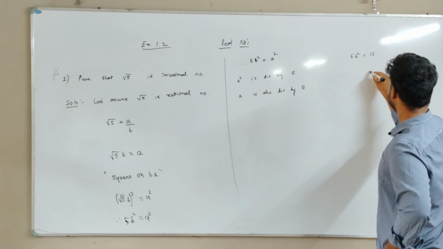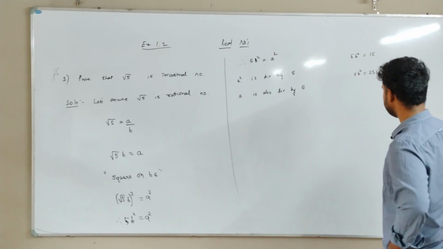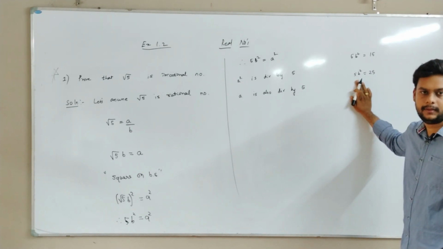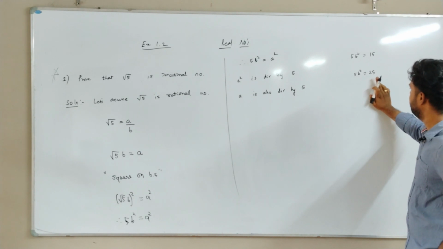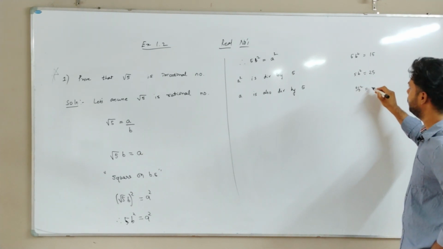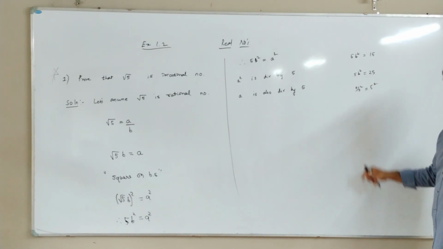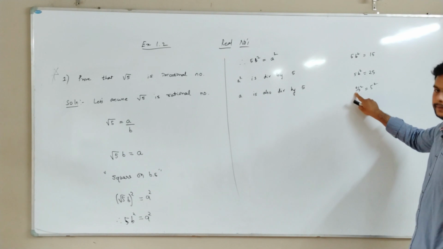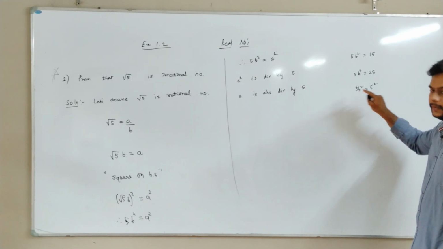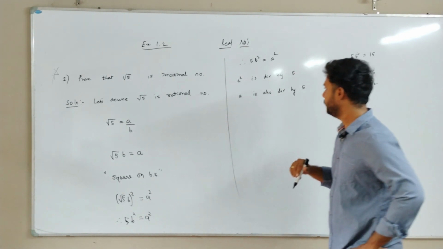Don't take 15, let's take 25. 25 is divisible by 5. Similarly, 5 square is divisible by 5, and 5 is also divisible by 5. Correct or no? If I reduce that, both will work.